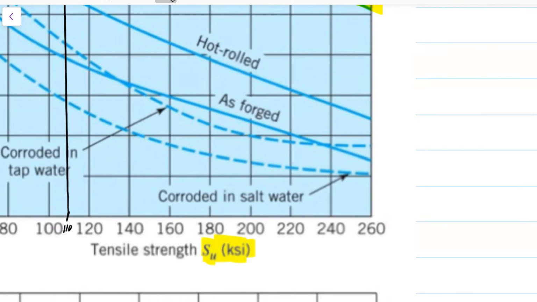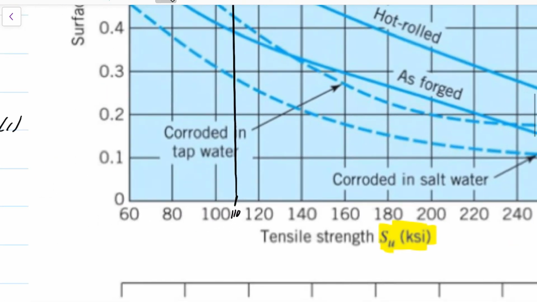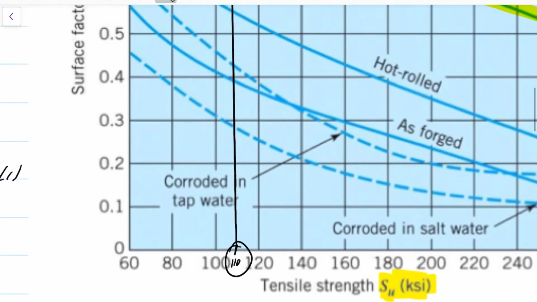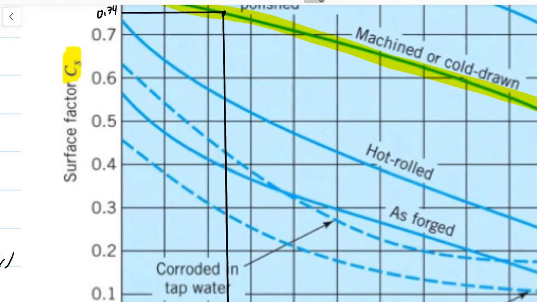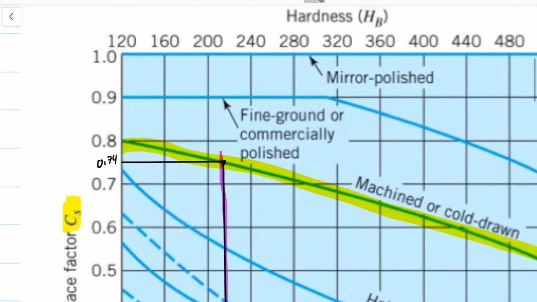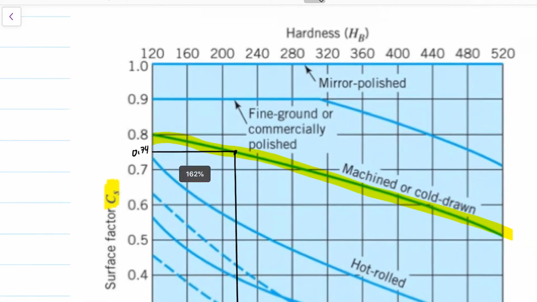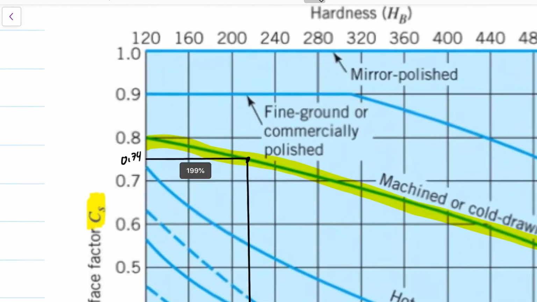We were given an SU value of 110. So if we write 110 right here, and then draw our line all the way up to where it intersects with this line, we can then draw across, and we have 0.74.